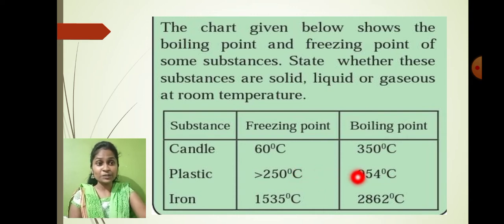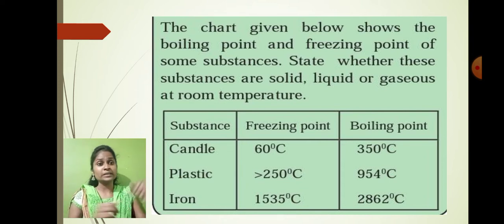Again look at the boiling point of the iron. The boiling point of iron is the highest, that is 2862 degrees Celsius. That means from this chart I can say that the boiling point of iron is very high as compared to even water or any other substances, isn't it? So the boiling point of iron is more as compared to any of the substances.